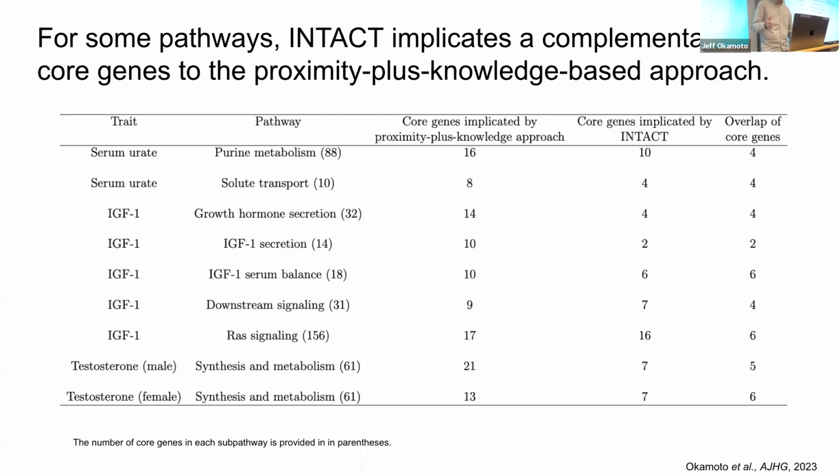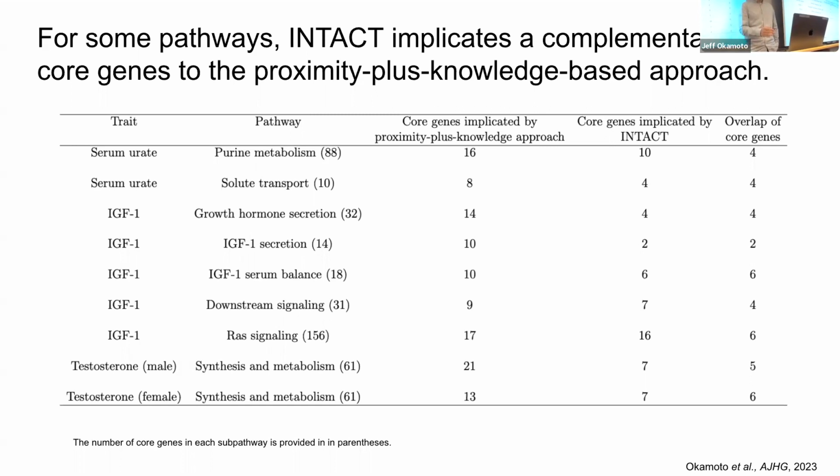The column to the right is the number of core genes implicated by the proximity plus knowledge-based approach. To the right of that is the number implicated by INTACT, and then the number implicated by the overlap between the 2 approaches.